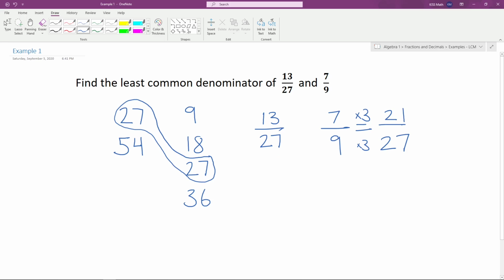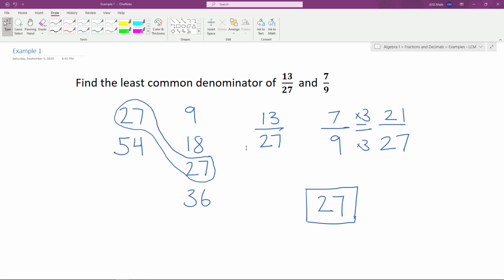So to answer the question, the least common denominator is 27. That's our final answer. And then the extra work we did with the fractions, that's just kind of icing on the cake there.